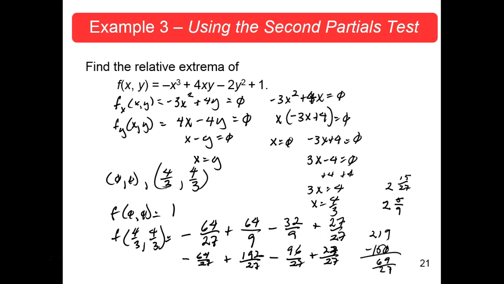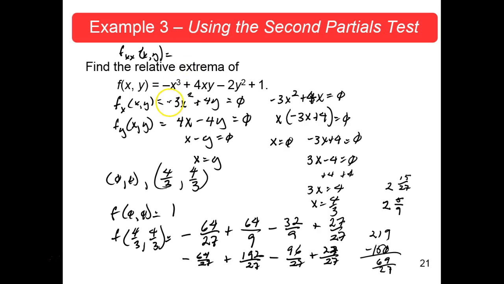Okay, so that's the value of alpha at the second, which could be a relative maximum. The other could be a relative minimum, but in order to tell, the easy thing to do, relatively speaking, is calculate your second partials. So the first one we'll calculate is alpha sub xx at xy.